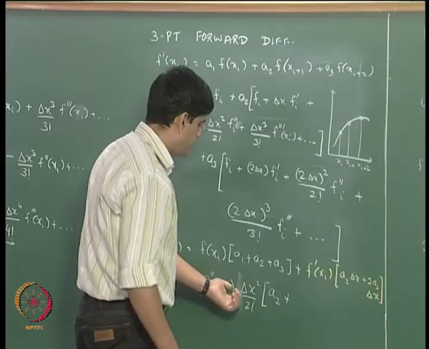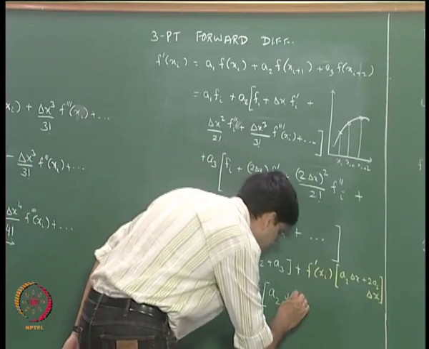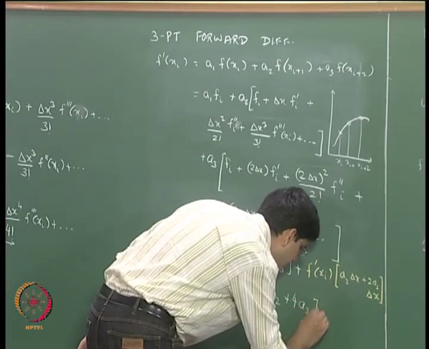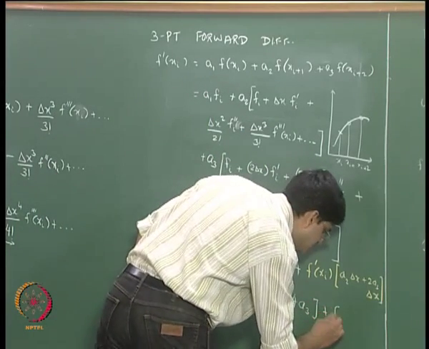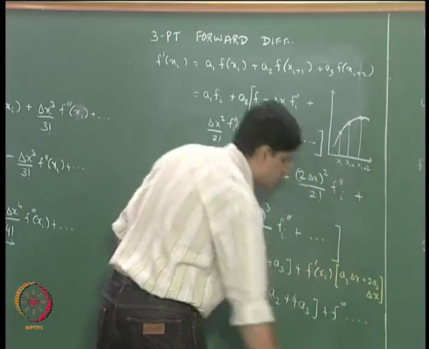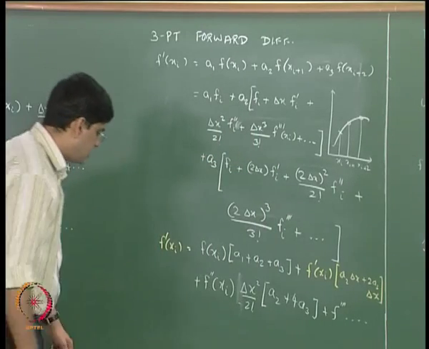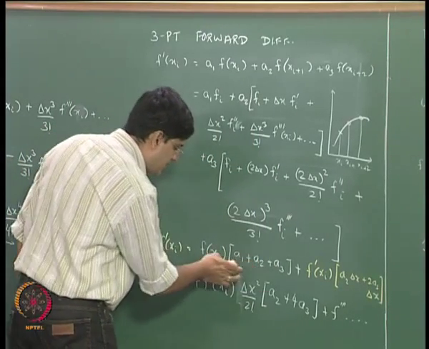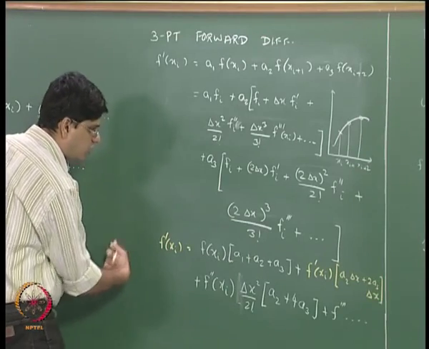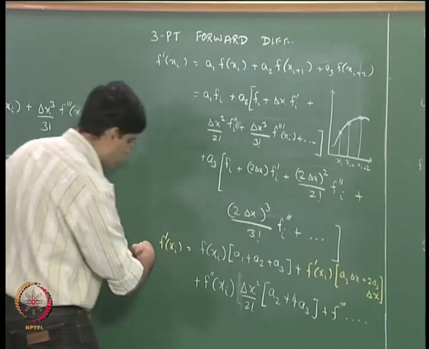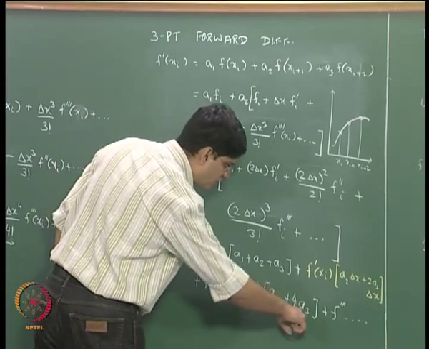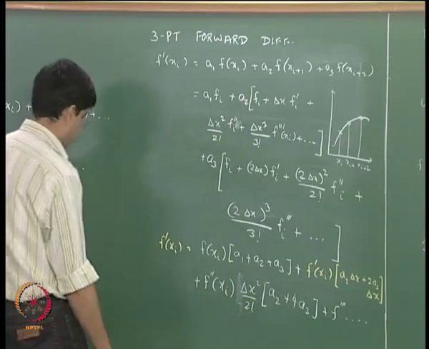So 4a3 multiplied by delta x square by 2 factorial plus 4a3 is what we get for f double dash, plus terms in f triple dash, okay. So our three equations are going to be a1 plus a2 plus a3 equal to 0, a2 delta x plus 2a3 delta x equal to 1, and a2 plus 4a3 equal to 0, okay.